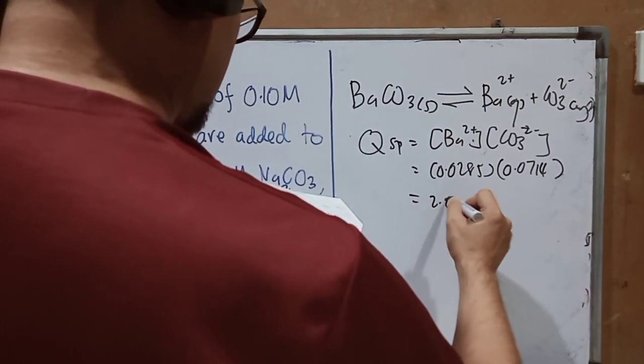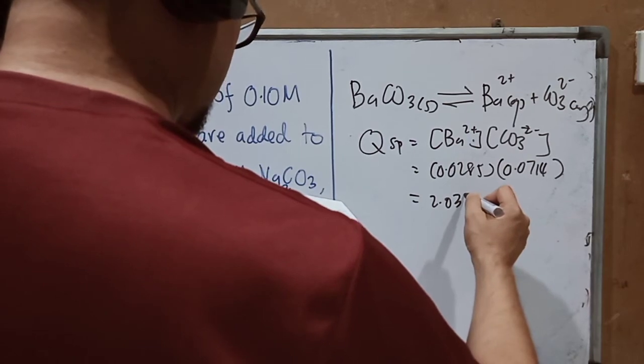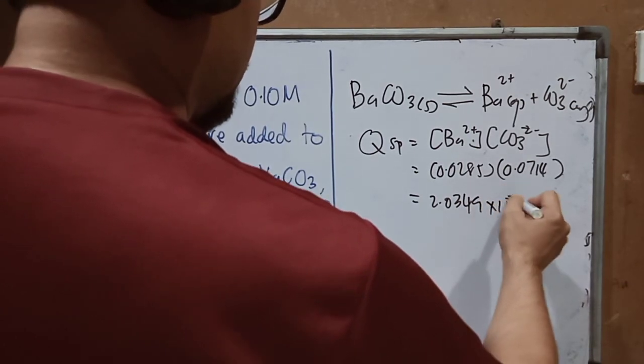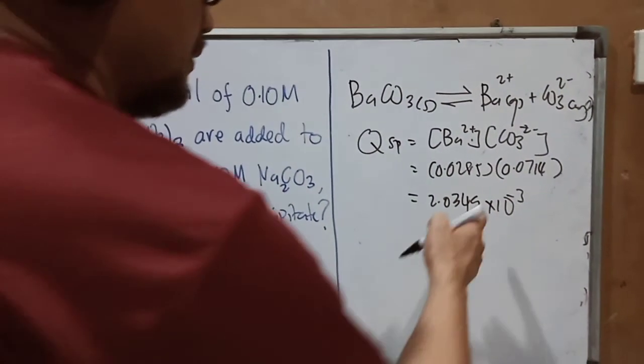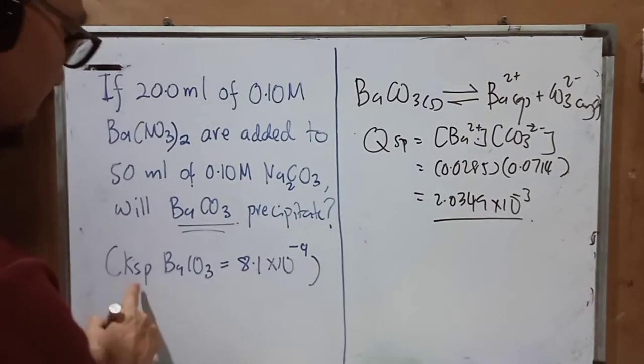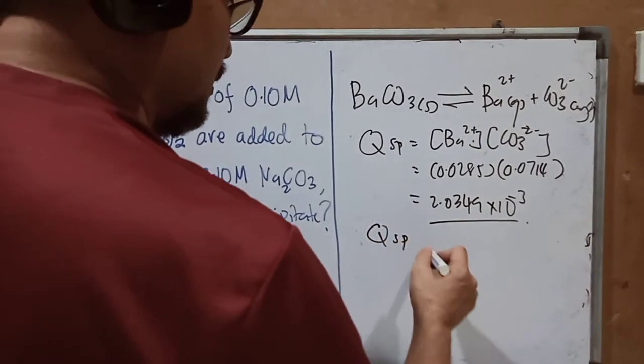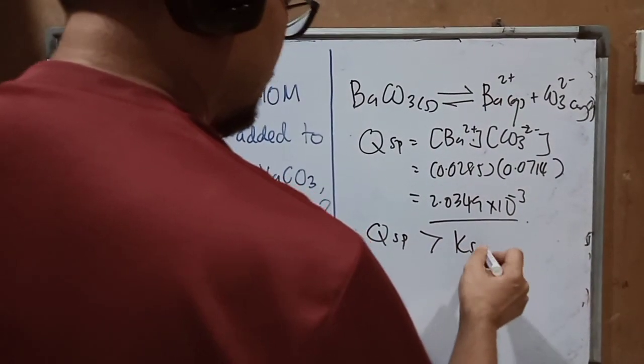Now we get 2.039 × 10^-3. Okay, if we compare this value to Ksp, it's clear that Qsp is greater than Ksp.